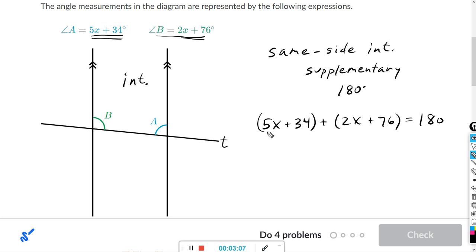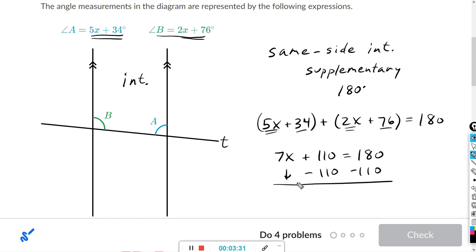Combining like terms, 5x plus 2x is 7x. 34 plus 76 is 110. And that equals 180. Solving for x, subtract 110 on both sides.